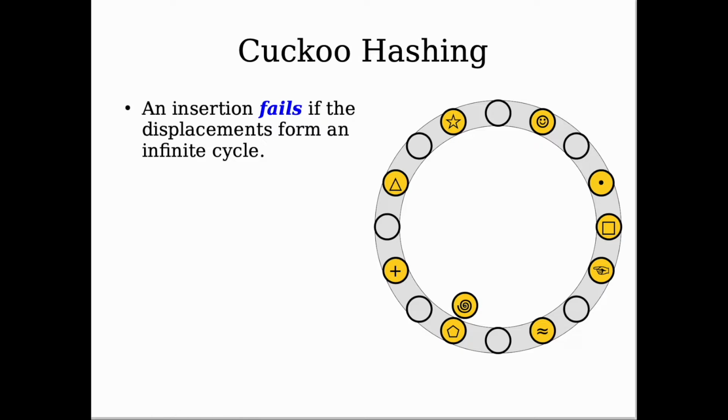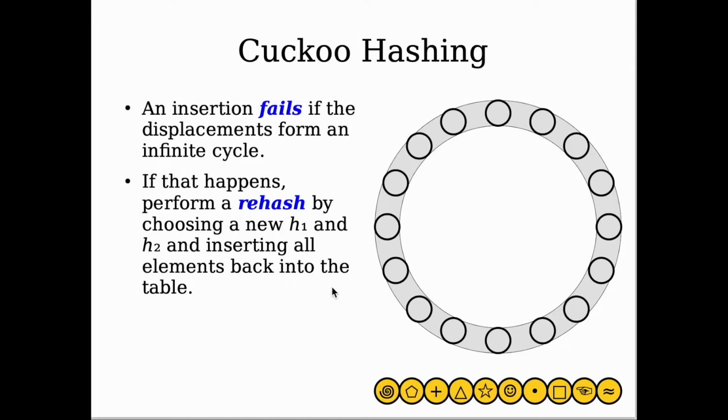Okay, so sometimes it is also possible that inserting a particular element will form an infinite cycle. So, it will not stop because we keep kicking out the element currently residing in that slot. And if that's the case, we can say that the insertion fails for those two hash functions that we have. And in the event that it happens, what we need to do is to perform a rehash.